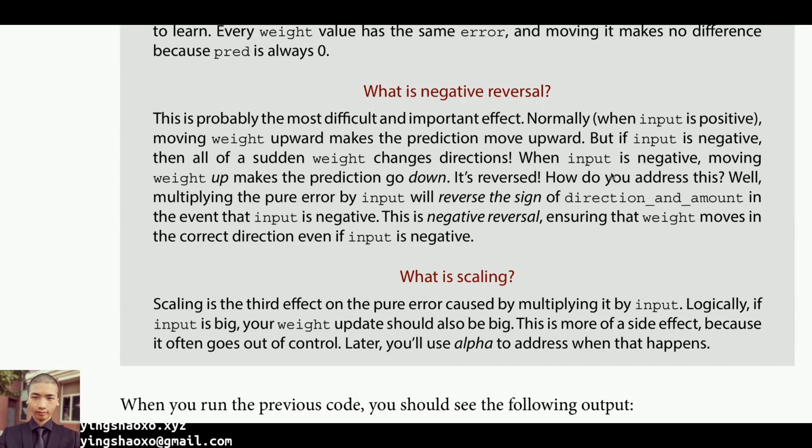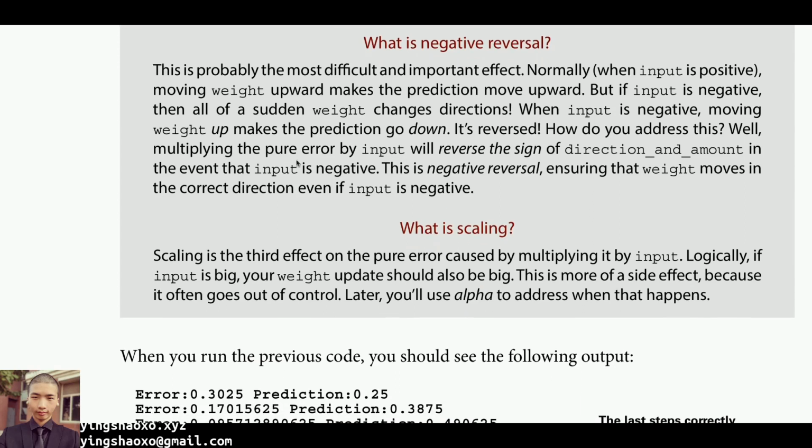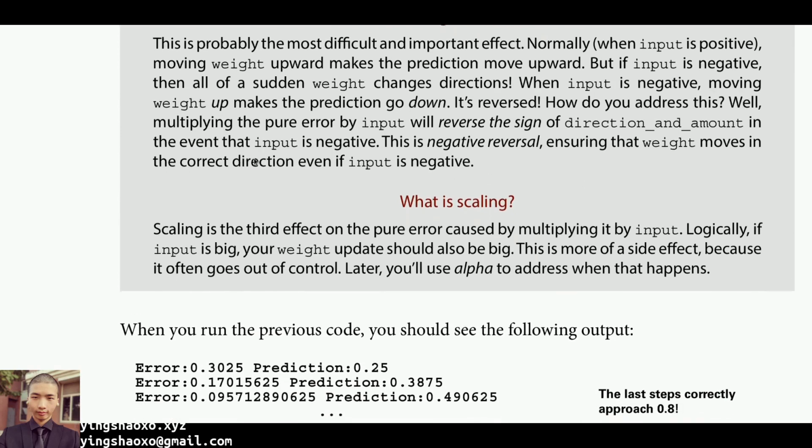When input is negative, moving weight up makes the prediction go down. It's reversed. How do you address this? Well, multiplying the pure error by input will reverse the sign of direction and amount in the event that input is negative. This is negative reversal, ensuring that the weight moves in the correct direction, even if the input is negative.